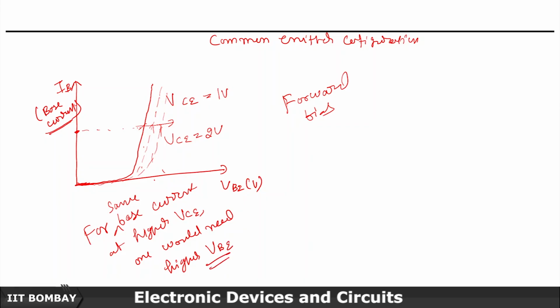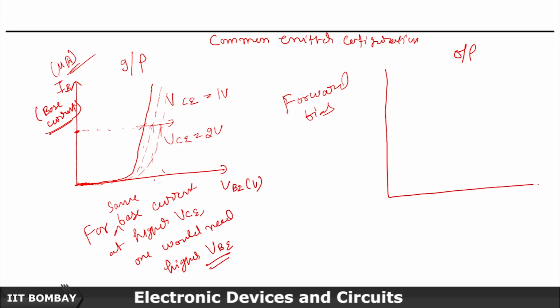Okay, so that's the thing we need to dig out. So now let's look at the output characteristics. This is input characteristics. Another important thing is that here IB is in microamperes. So we need to keep in mind that the base current is fairly small compared to the IE, which is usually in milliamperes. Okay, so let me now draw the output characteristics.